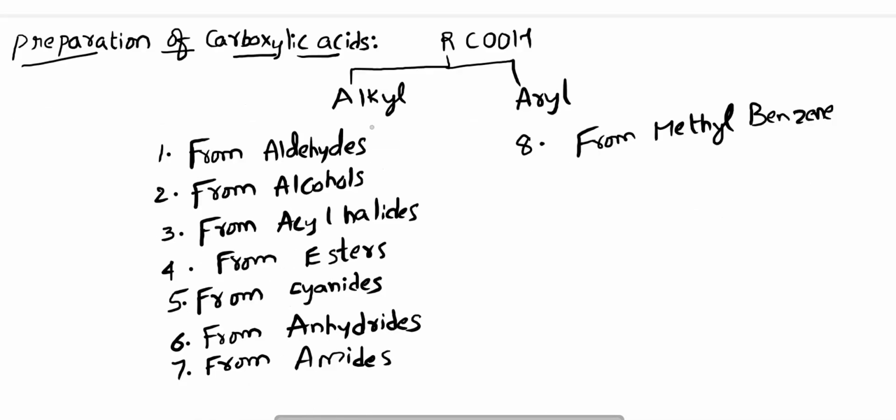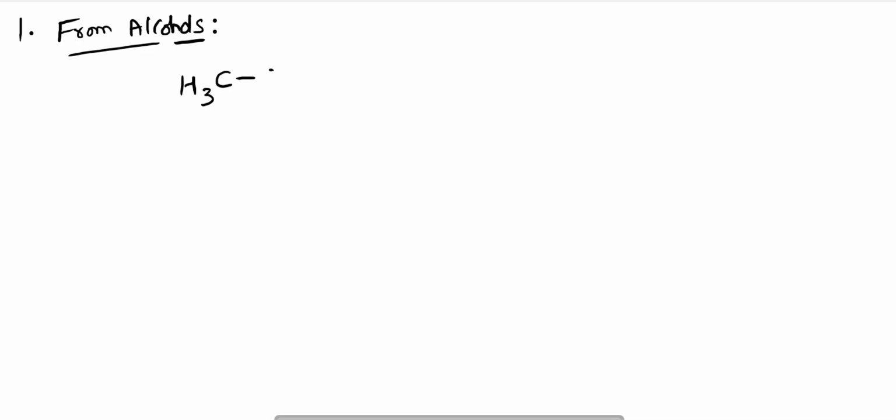First one is, as we know, from alcohols. How to prepare carboxylic acids from alcohols? It's very simple. Let us take a simple alcohol, ethanol, CH3CH2OH.